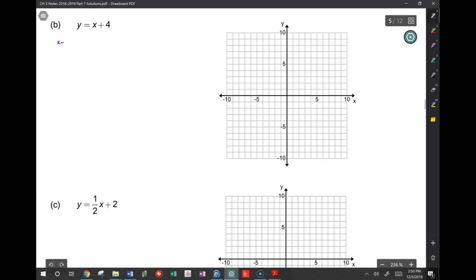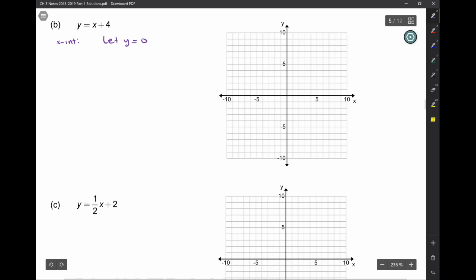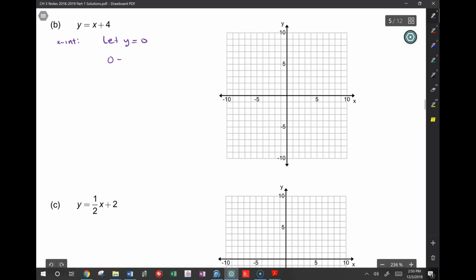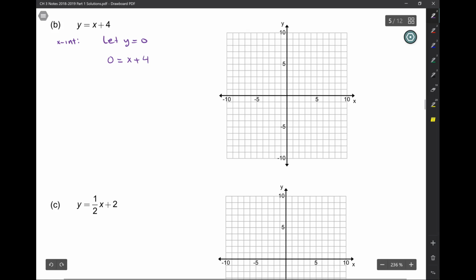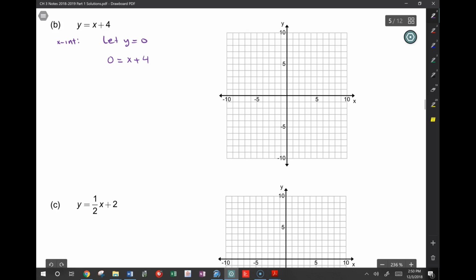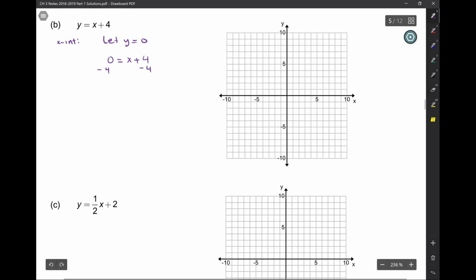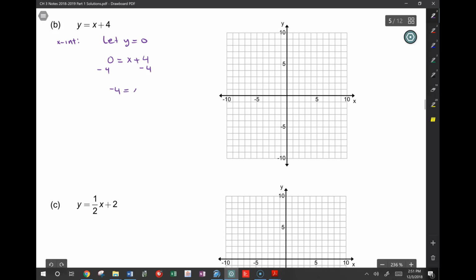Let's find the x-intercept. We say let y equal 0. So it's going to be 0 equals x plus 4. Now what? Minus 4 on both sides. So -4 equals x.